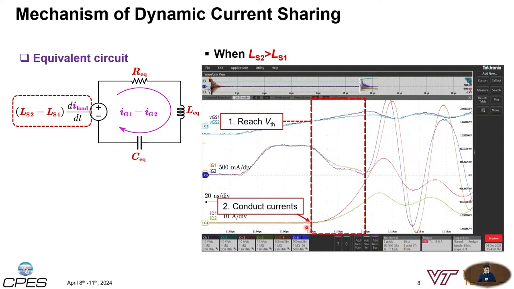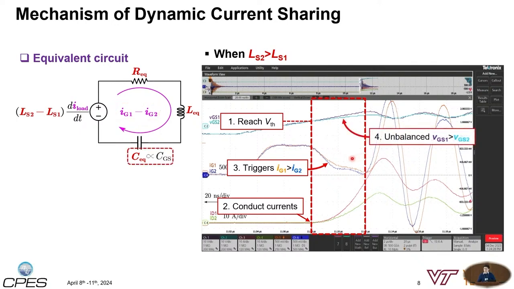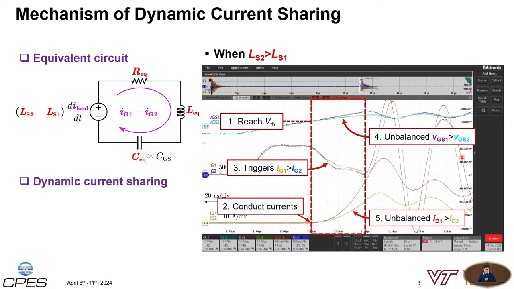But because LS2 is higher than LS1, which generates a positive voltage in the equivalent circuit, it will also generate a positive IG1 larger than IG2. So you can see during this transition, IG1 becomes larger than IG2, and it results in different charging speeds, so an unbalanced gate source voltage, VGS1 larger than VGS2, and then eventually it will lead to the unbalanced drain current, ID1 larger than ID2, during the dynamic transition region.